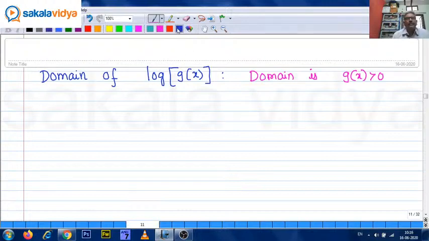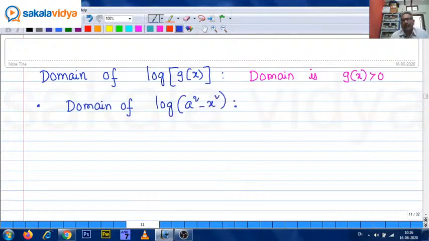So we discuss one problem now, one model. Domain of log of a square minus x square. See, solution, this a square minus x square should be greater than 0.